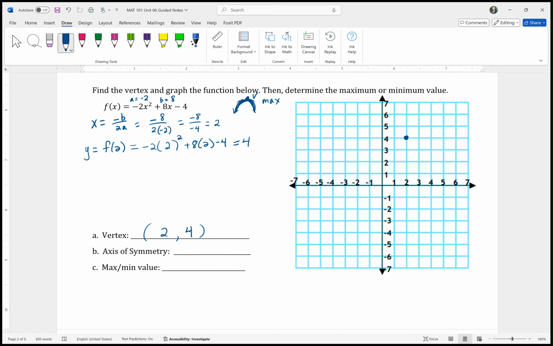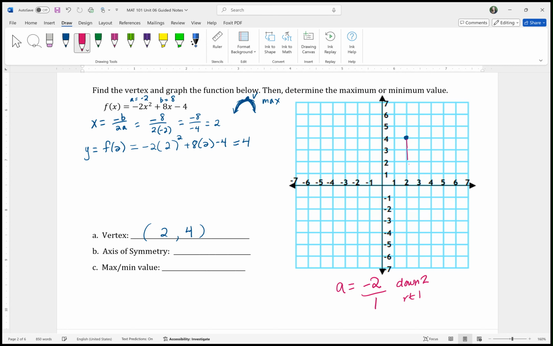Great. All right, next, 1 point does not make a parabola, so we need another point. Let me talk through using A real quick, and then we will go through using a point. So A is -2. Do that over 1. -2 over 1 means go down 2, right 1.